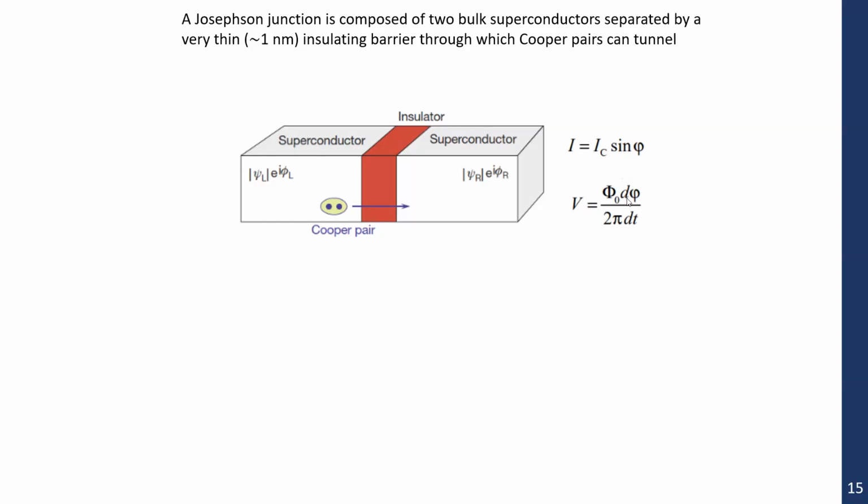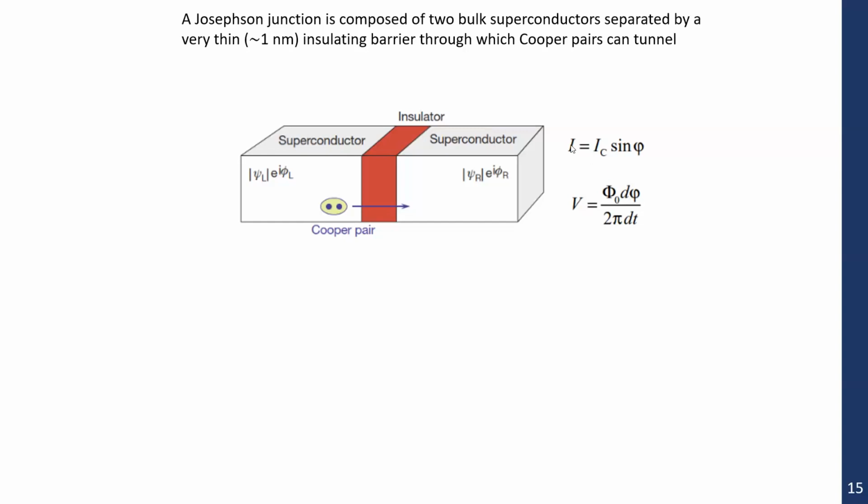And another formula, called Josephson's formula, gives us the voltage drop across this insulator as a function of the time derivative of this phase.